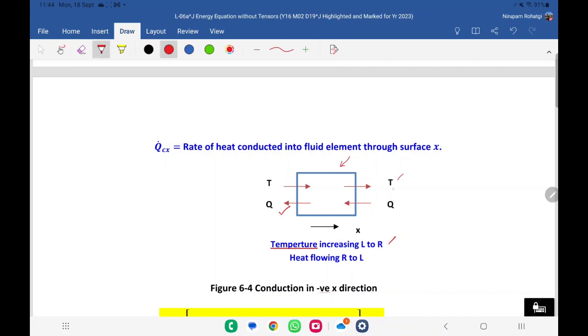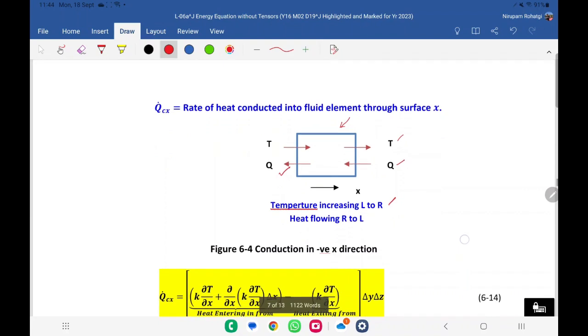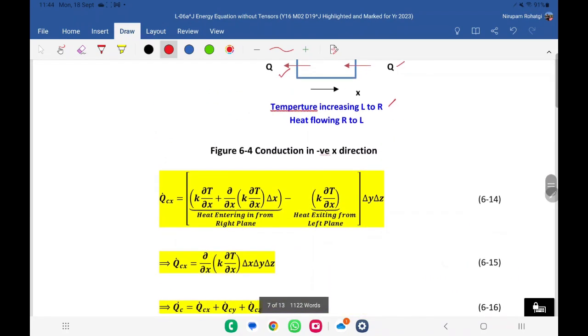On the right face, temperature is higher outside, so heat is entering the cube. So from the right side, heat is entering, and from the left side, heat is exiting, coming out.